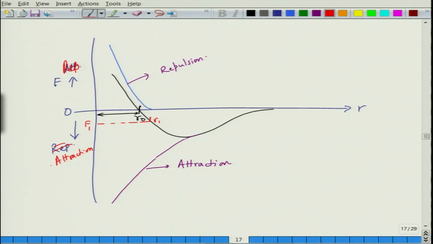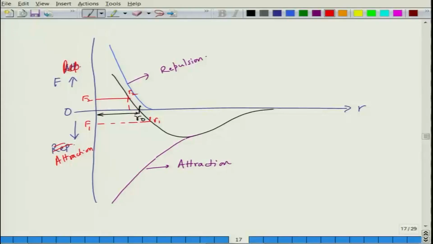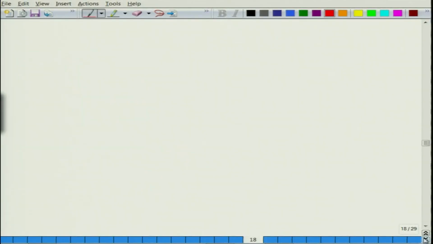So, you will have to apply attractive force, or you can say compressive force, to go to R1. If you wanted to go to this particular point, let us say R2, then you will have to apply a force F2, which is the repulsive force or the tensile force. So, you will have to apply extra energy in order to move away from the equilibrium point at R naught. So, this is basically the gist of this.